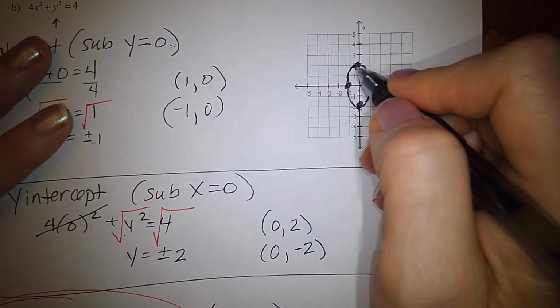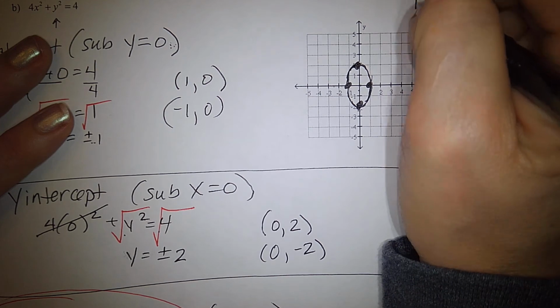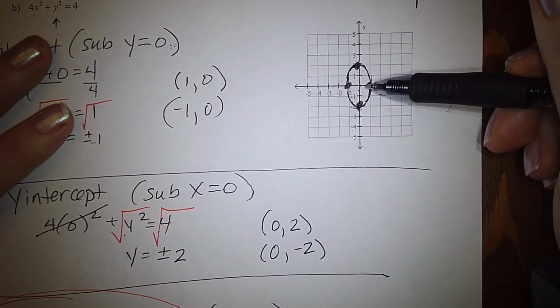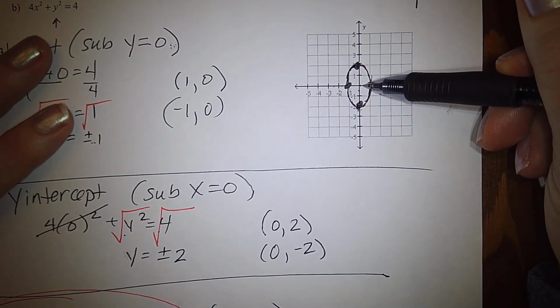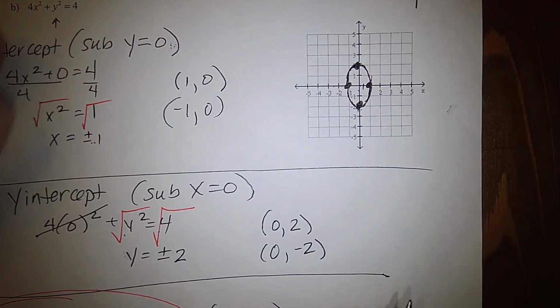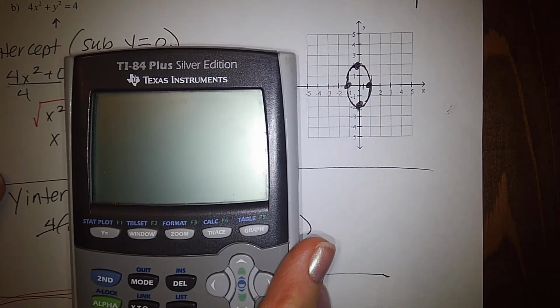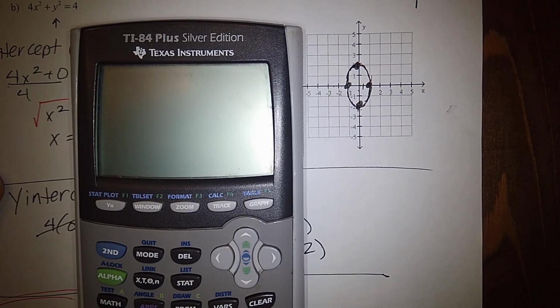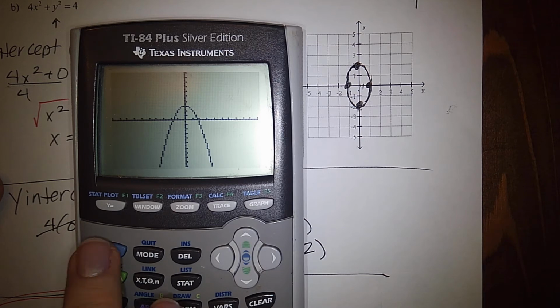If I didn't know for sure that that's the graph it was going to be, of course I would test another point. I would have to find a point like right in here. Like if I tested 1/2, so let me try 0.5. This would be really easy to do in my calculator, since a lot of times we're a little afraid of fractions and decimals.